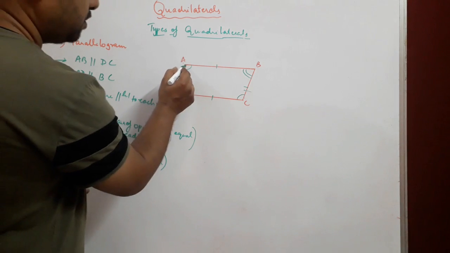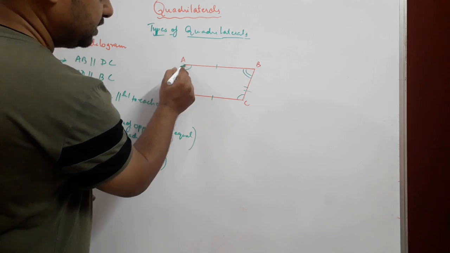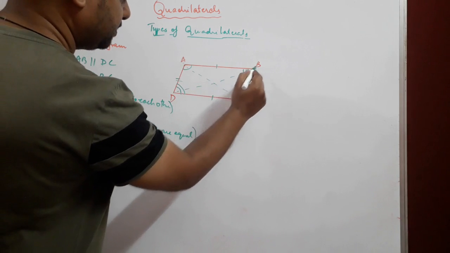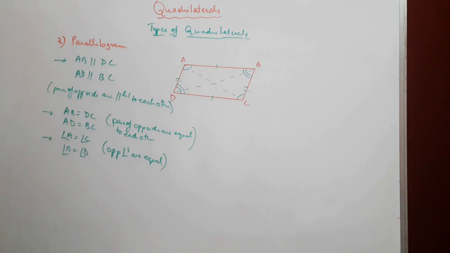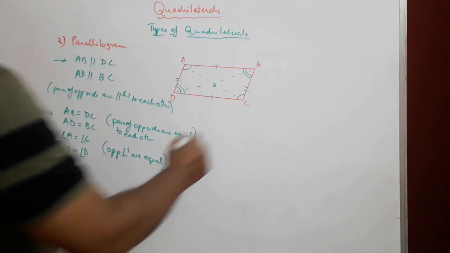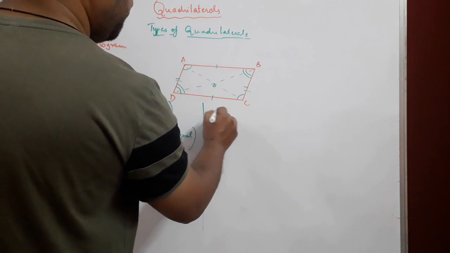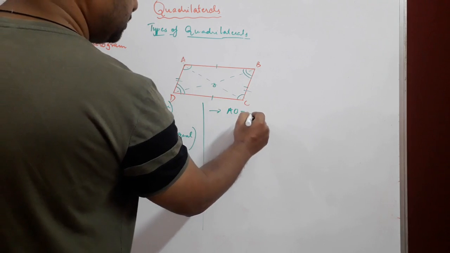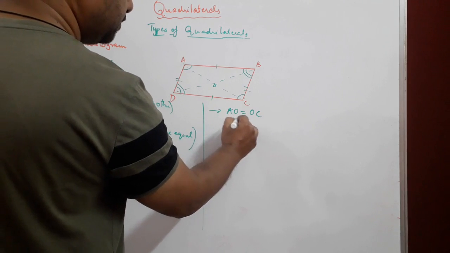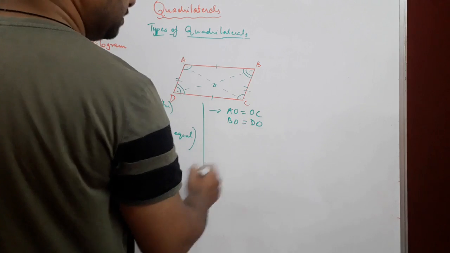What else can we see over here? If the diagonals AC and BD bisect each other, in other words, if we put a point over there in the center where they bisect, let's say this is O, then we can say that AO is equal to OC and BO is equal to DO or OD, same thing.